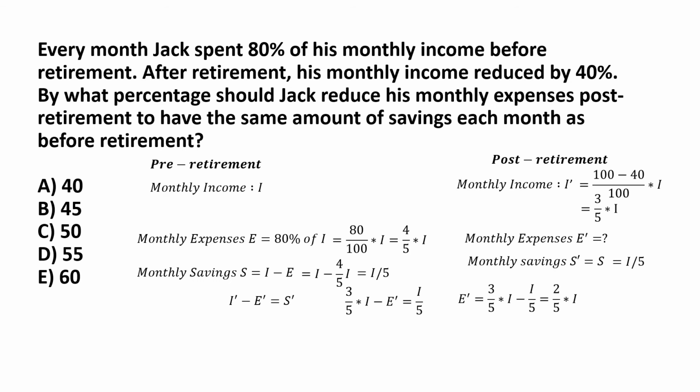by I. So we have to find out by what percentage should Jack reduce his monthly expenses so that his savings stay the same post-retirement. And we know what the expenses post-retirement need to be in terms of his income I pre-retirement.